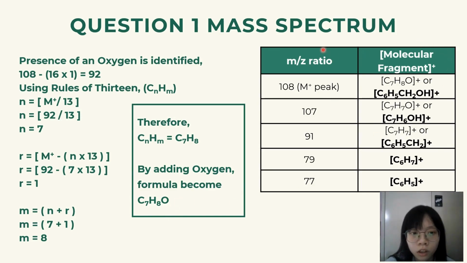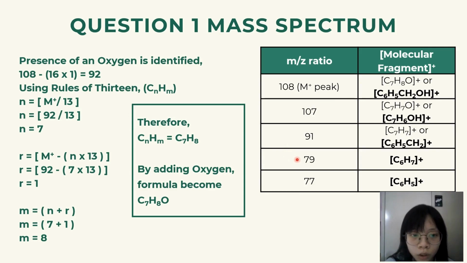So this is the identification of the molecular fragment for each peak in the mass spectrum. As mentioned before, the 108 is the molecular ion peak. By grouping the aromatic ring with the alcohol part, CH2OH, we obtain the molecular formula C6H5CH2OH.